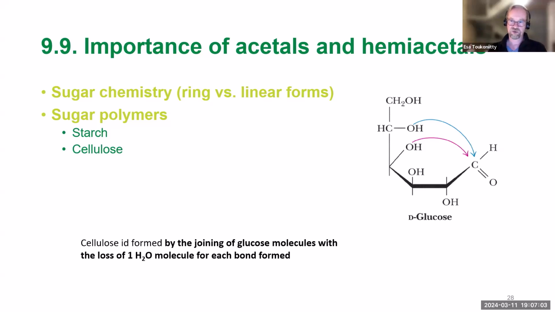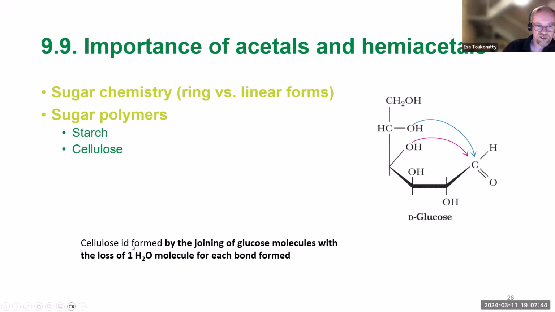But if you have those ring structures of those sugar molecules, pyranose and furanose, these same reactions can happen between different molecules, so intermolecular reactions. Then you form these starch or cellulose polymers when another sugar molecule's OH group reacts with another molecule's aldehyde group, and that's how the polymers are built, at least on a molecular level.